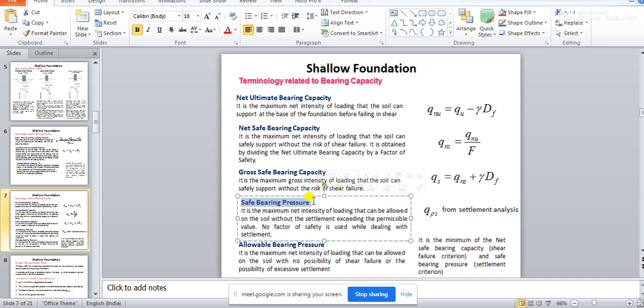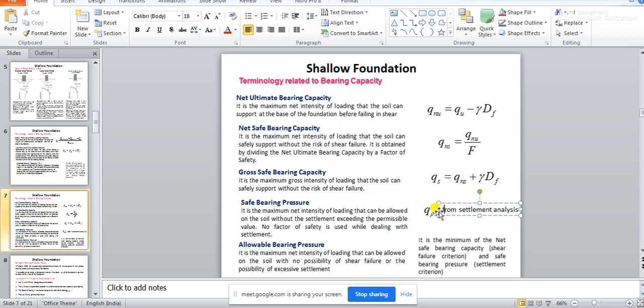And here you should understand another thing. See, the word net is not there here. So, we are saying only safe bearing pressure, and in this case, for this settlement failure of soil, you must remember no factor of safety can be used. So, in case of settlement failure, no factor of safety is used while dealing with the settlement.